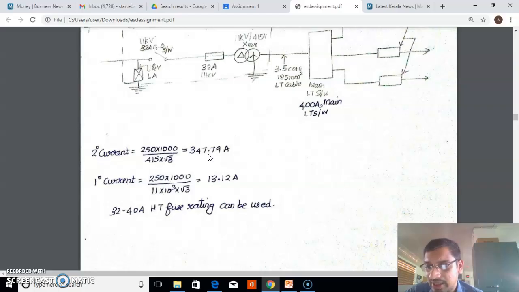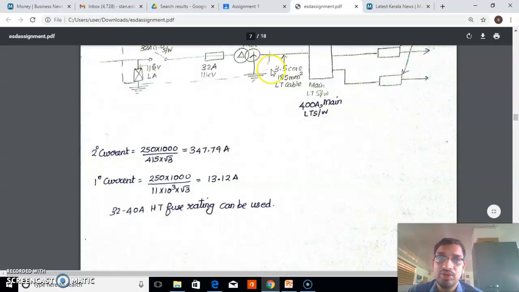On the same table 31, the size of cable required on the secondary side of a 250 kVA transformer is, not 400, but 185 square mm cable.